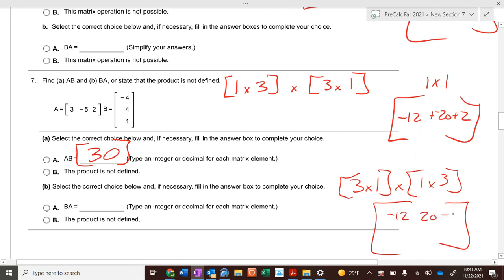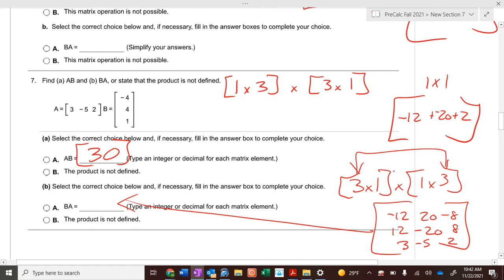First row, third column, negative 8. Second row, first column, 12. And then negative 20. And then 8. And then 3, negative 5, 2. Okay? So whatever the outsides are, that's what you're going to get as long as the insides match.